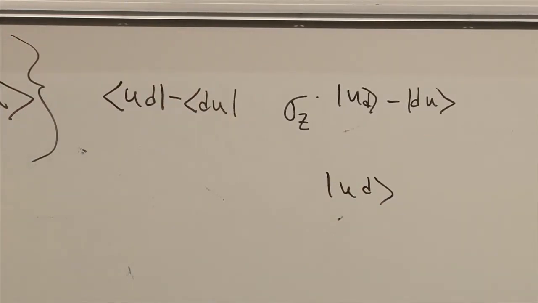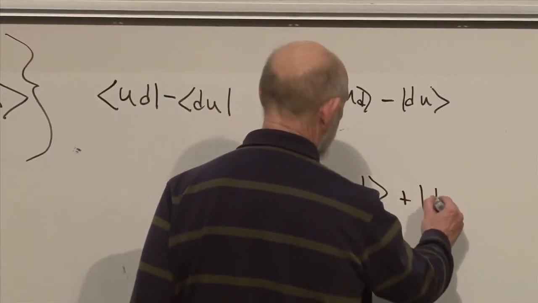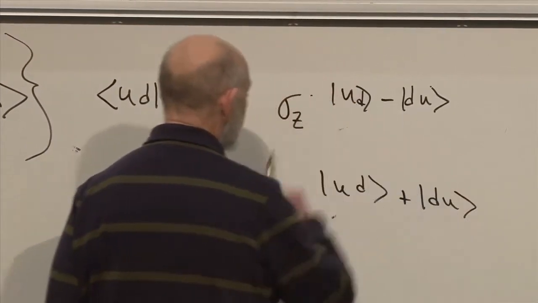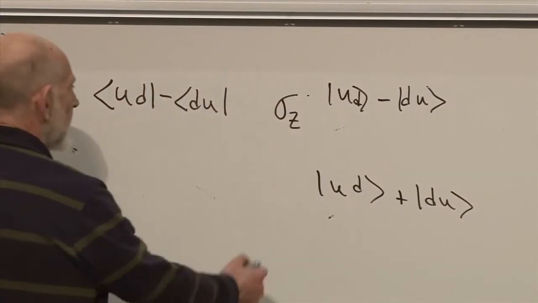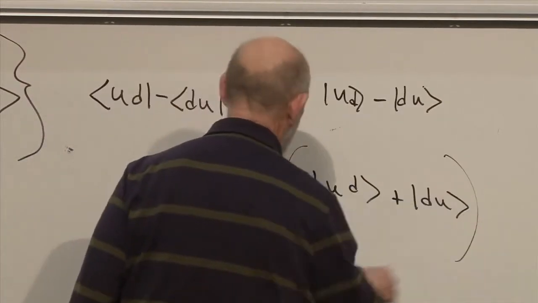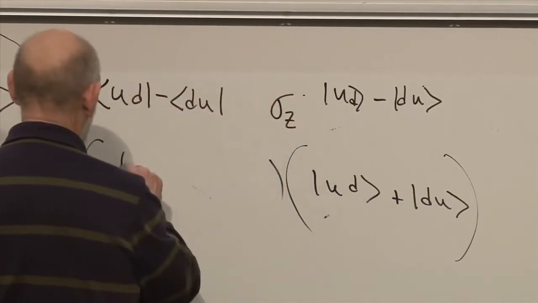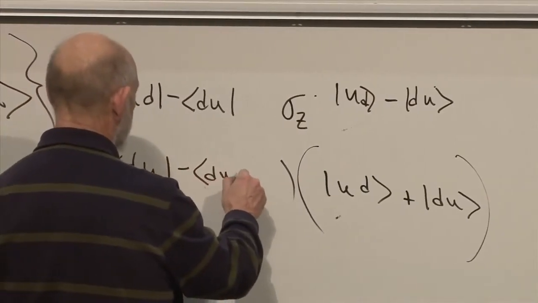Minus down, up, but there's already a minus, so the minus gets killed. That's over here. And that's the inner product with up, down, minus down, up.